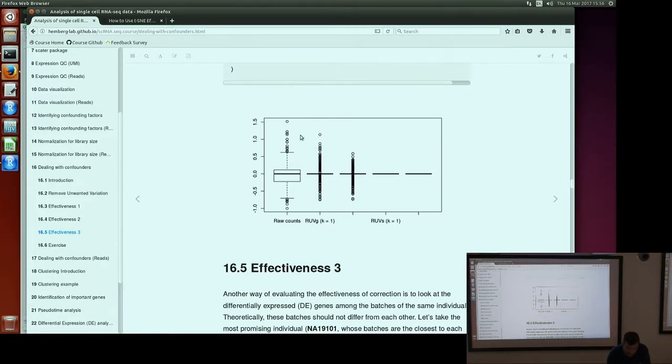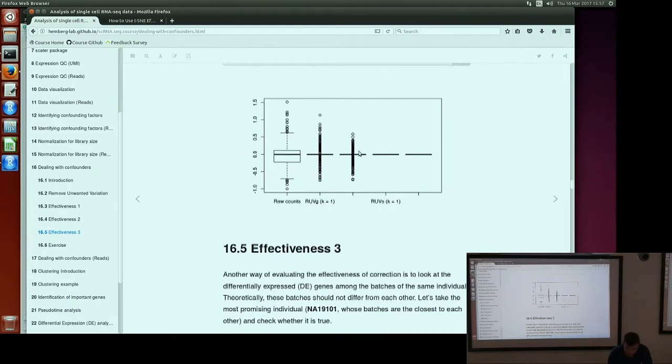RUVg collapses the middle 50% of the data onto 0, but there's still a lot of outlying cells around that. Whereas with RUVs, with both K equals 1 and K equals 2, we've removed quite a lot of variability from the data, getting much more consistency between the cells. But there's not really much to choose between K equals 1 and K equals 2 with RUVs; they look very similar here.